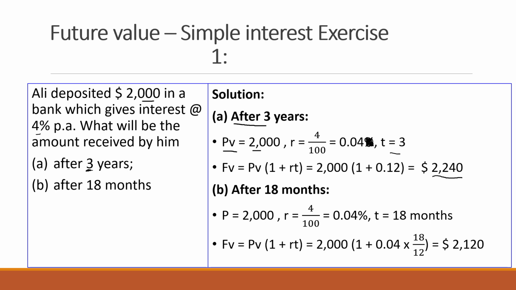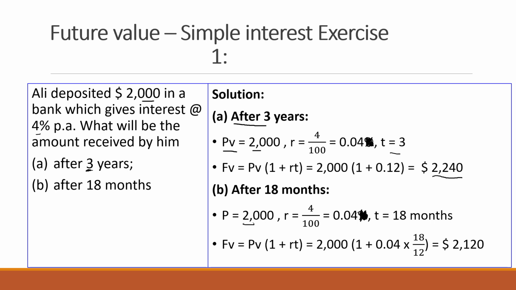Similarly, we will calculate for the option B. So how much Ali will be receiving if he deposits $2,000 at 4% rate of interest for a period of 18 months. So just pay attention here, 18 months. So my P will be 2000.